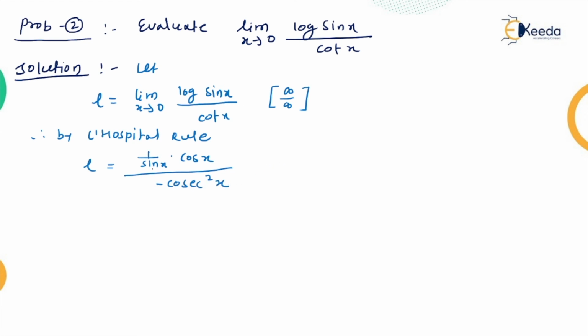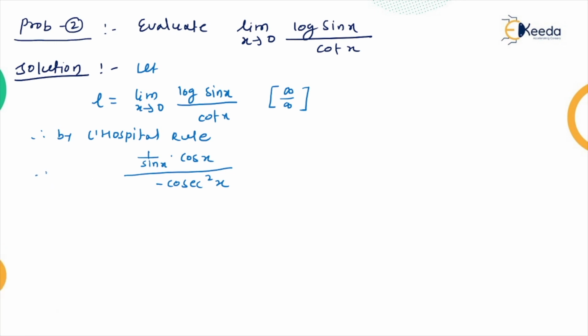Now check, is it again 0 by 0 form or infinity by infinity form? It is neither, so you have to directly apply the limit.